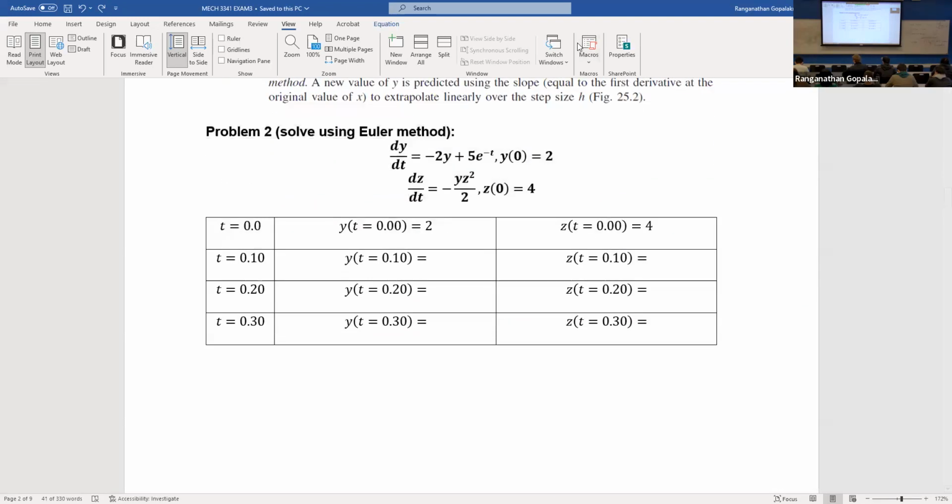If you watch the recording, you will see any second order differential equation of this form, a function of t, y, and dy by dt, also reduces to a system of 2 equations, which if you know how to solve this, you can also solve the second order ODE.